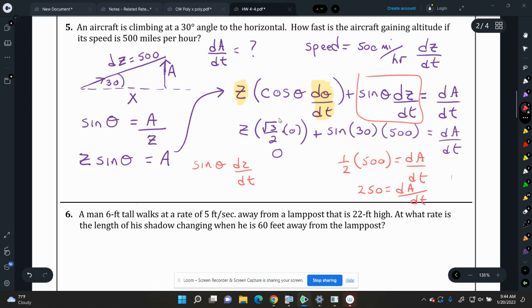Sine theta is just 1/2, so that's not a unit. dz dt is in miles per hour, and this equals dA dt. So this is going to be miles per hour. The aircraft is gaining altitude at a rate of 250 miles per hour.